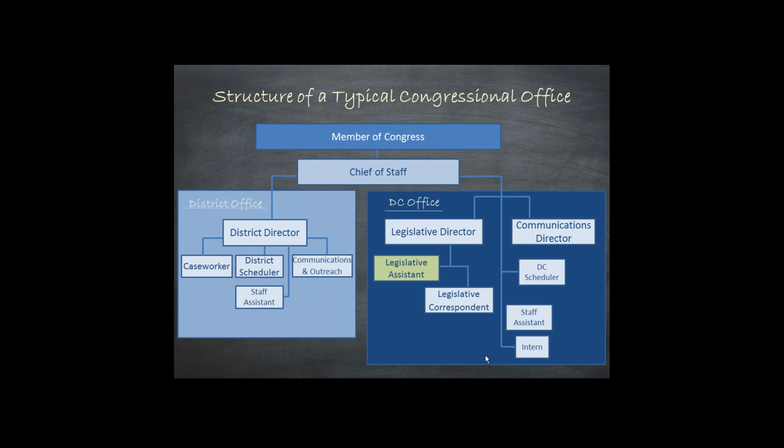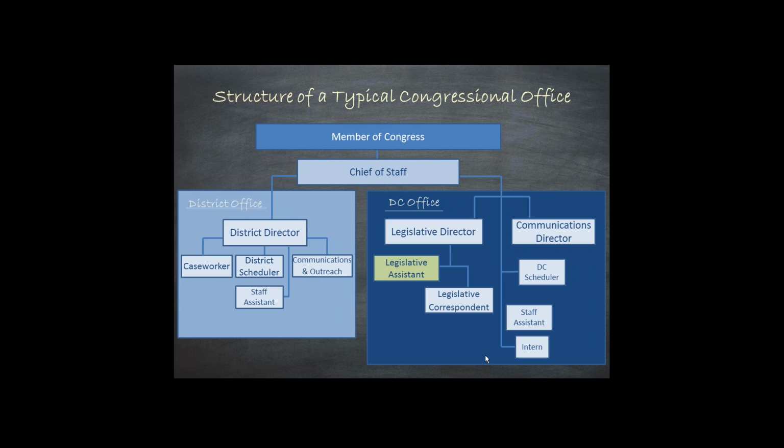And so we'll talk next week about some of the ways that you can engage them when they're in the district. So yes, the scheduler is very important. If you are submitting a meeting request to the member of Congress through an online form, which we'll talk a little bit about in a minute, generally that meeting request is going to go to the scheduler. So they are very important in controlling all of the member of Congress's time.